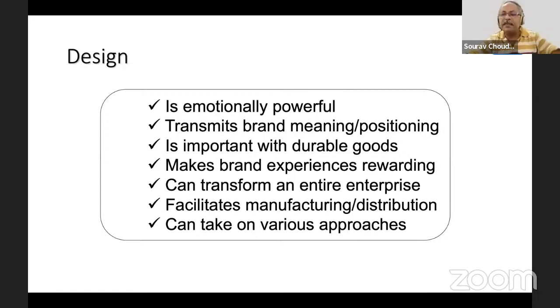बस ये BMW का डिजाइन देखो और ये मारुति का डिजाइन देखो. It's very, very emotional, very, very high on transmitting that brand meaning and positioning, brand's uniqueness, brand's premiumness. ठीक है. Design only says that, ना? Brand का premiumness कितना है, brand का uniqueness कितना है. Correct. Is important with durable goods, yes.